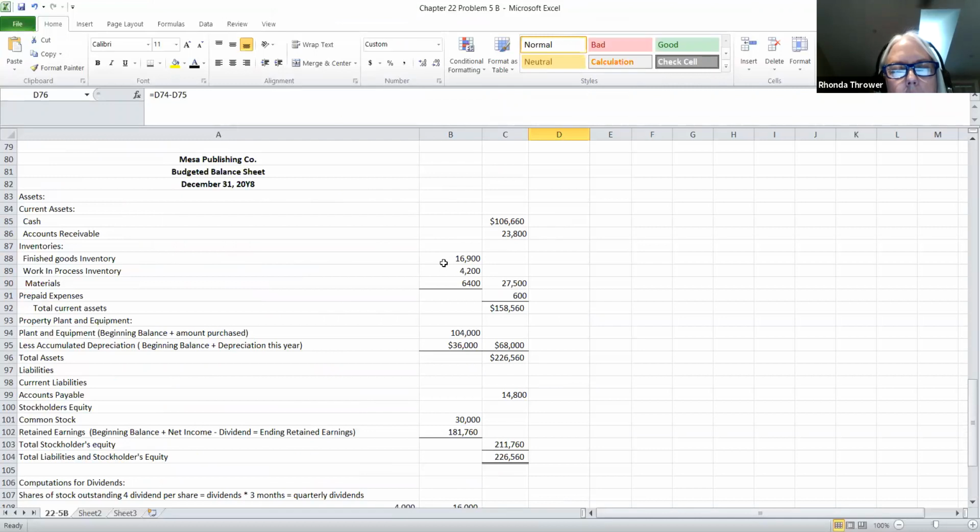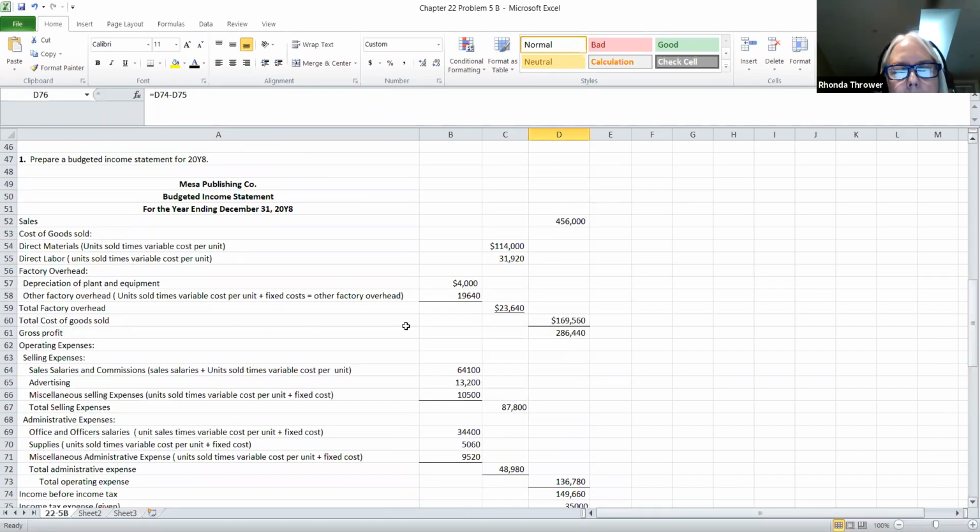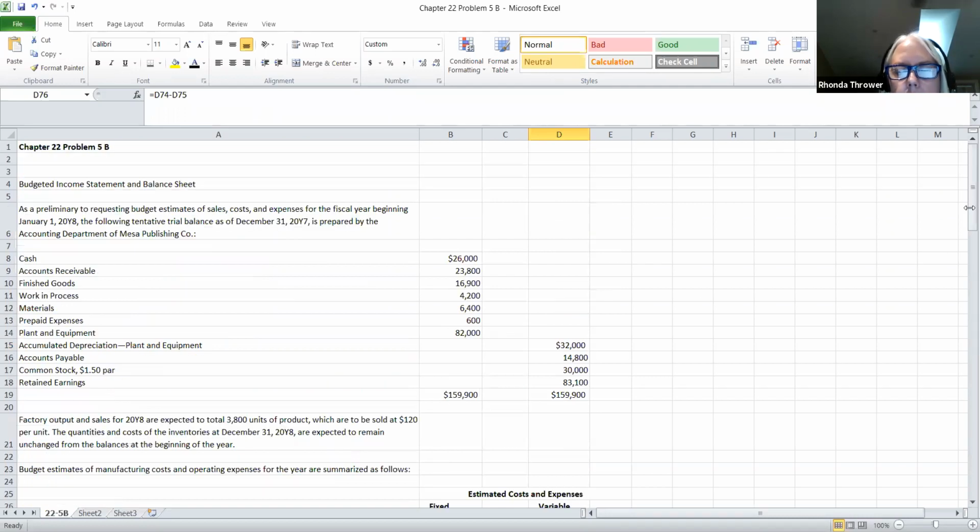You might remember in your instructions, they said the inventories weren't going to be a whole lot of difference between them. So I just plugged in the inventory amounts. Add your inventories together, get your total inventories, and then put in your prepaid expenses, which is basically just copying what they gave you for the prepaid expense portion of this.